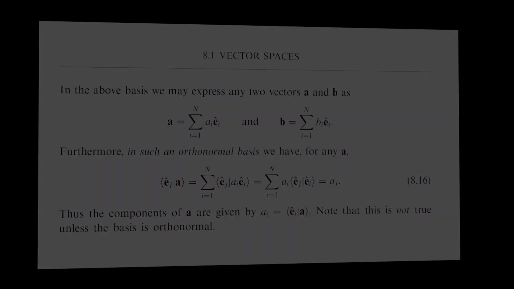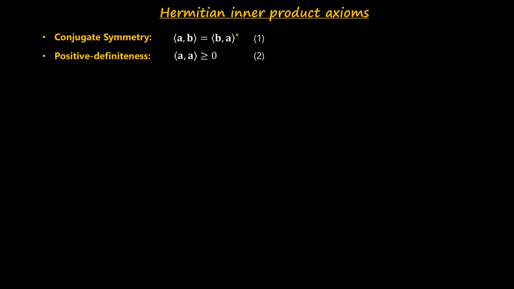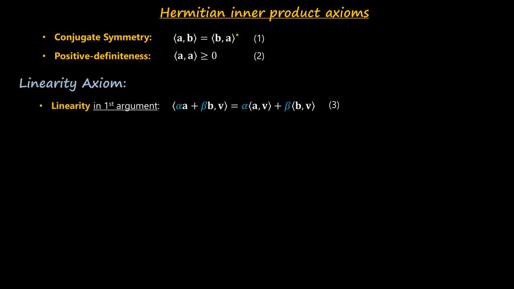Let's look at them. To understand the two notations, we have to review the axioms for inner products. We had three. Conjugate symmetry was one, positive definiteness was another, and the linearity axiom was a third one. The linearity axiom says that the inner product is linear in its first argument.